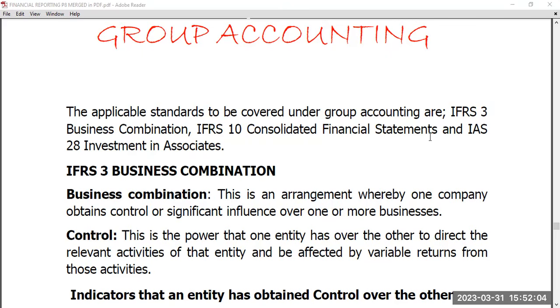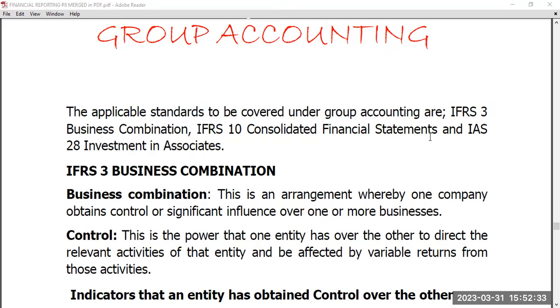Mainly, as level 2 financial reporting, we try to look at the consolidated income statement, the consolidated balance sheet, maybe the statement of changes in equity. But the consolidated cash flows and all that is prepared under group accounting for advanced financial reporting, that is level 3.